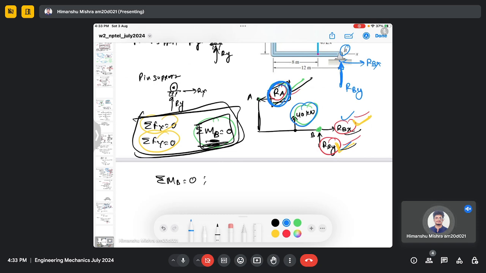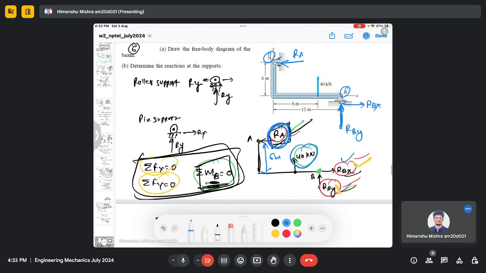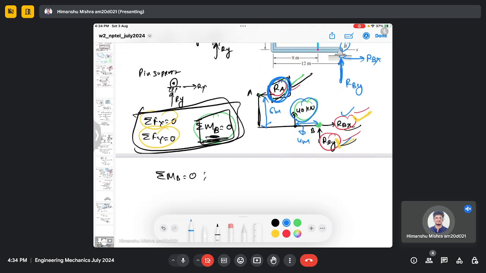So Ra has the perpendicular distance, this, which is 6 meter, and the 40 kilonewton force has the perpendicular distance, this, which is 4 meter. Ra rotates like this around point B, which is in the counterclockwise direction, and the 40 kilonewton force rotates like this, which is the clockwise direction. So both should have a different sign.